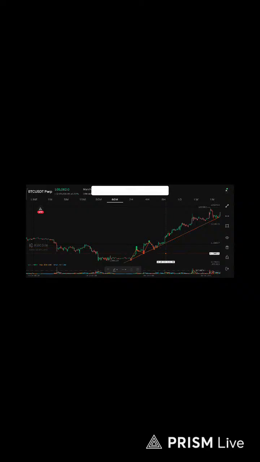This is higher high. This one is red. Higher high, higher low, higher high, higher low, higher high, higher high again. You see? So this is an example of it.